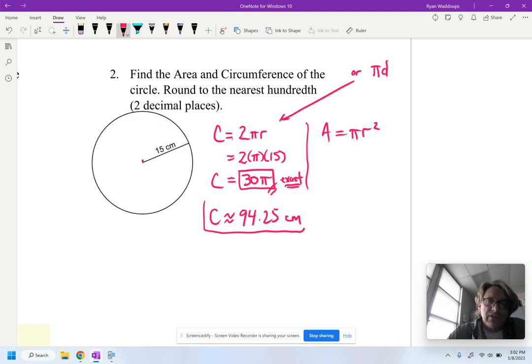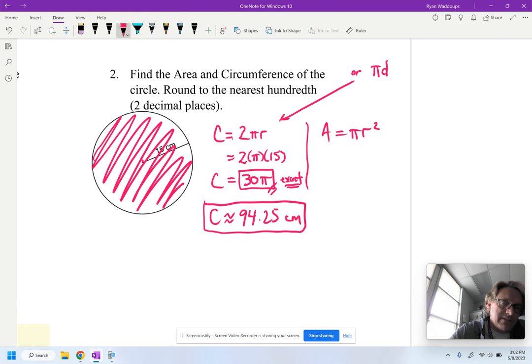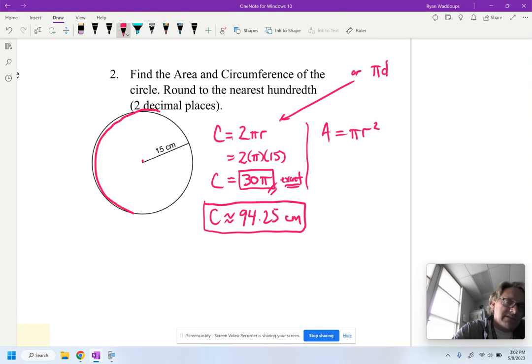So that's our circumference. Our area is the space inside. This is what we're looking for right here. All of that space. The circumference was the distance around the circle. So area, we've got the formula, and we know the radius. So it's pi times 15 squared.